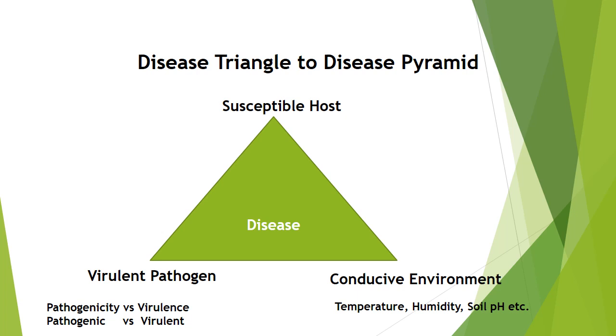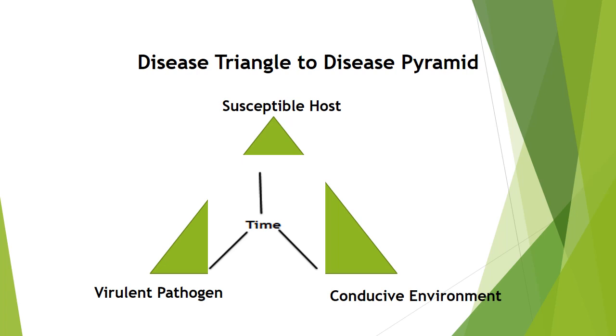But there are people who say that there is an issue. The issue is that even if the susceptible host is there, the virulent pathogen is there, and the environment is conducive, still disease does not occur. Why? Because these three factors do not coincide at the same time.